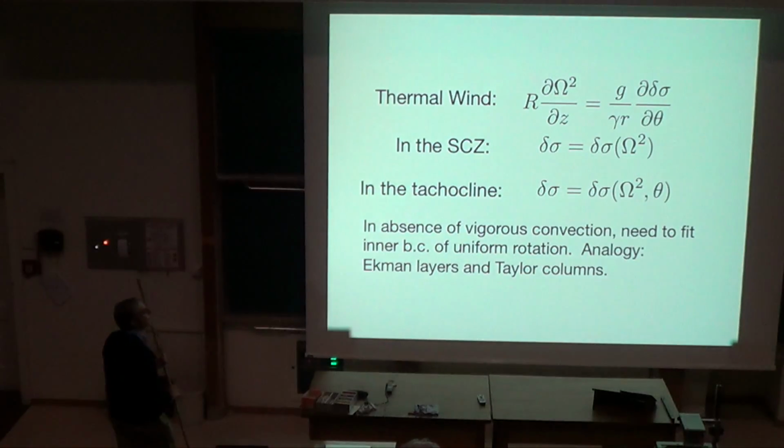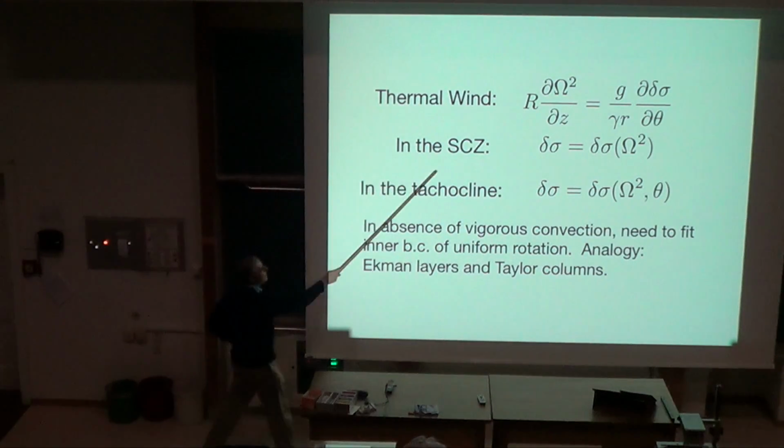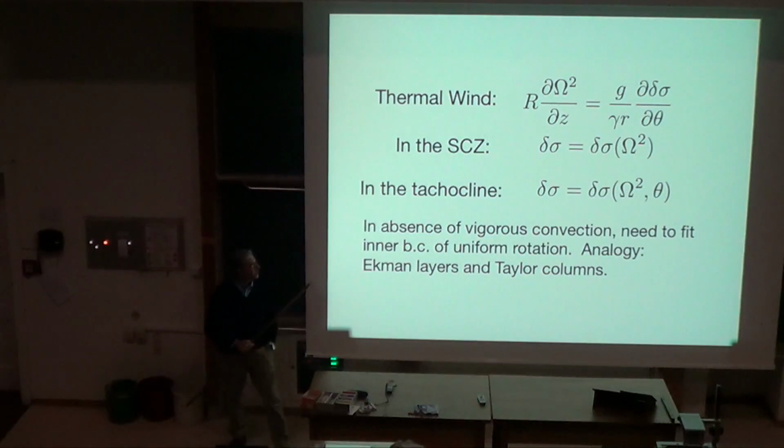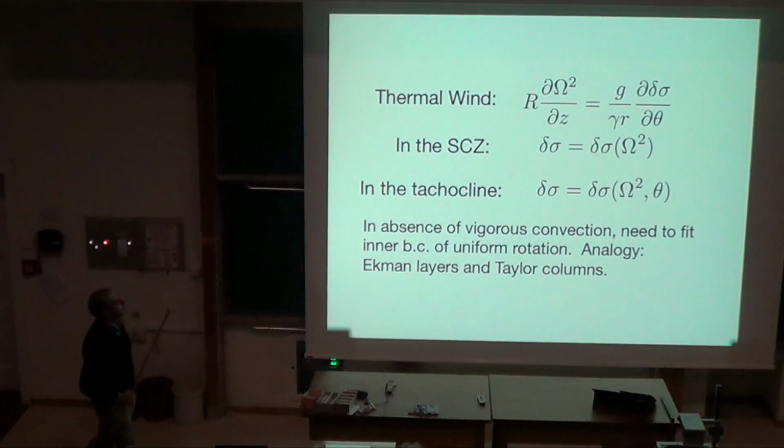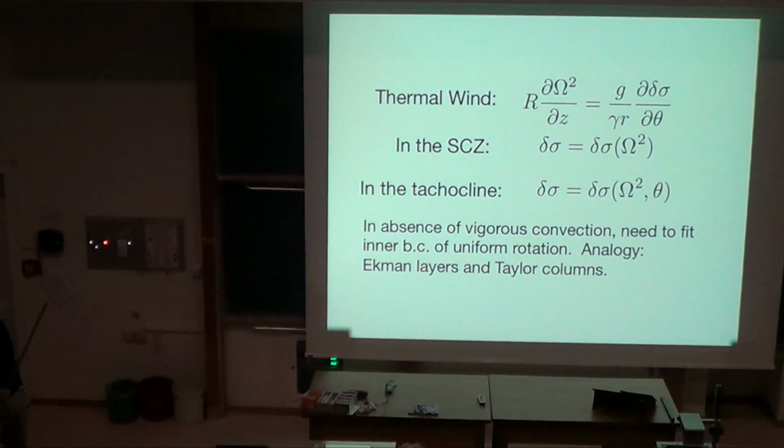So here's the thermal wind equation. We've decided in the SCZ, in the solar convective zone, delta sigma is a function only of omega squared, but in the tachocline, we write it as a function of omega squared and theta. Notice the trick here. I don't write things in terms of R and theta. Physics is writing it using omega as my, how shall I put it, my spatial variable. That's what allows all this to go through.